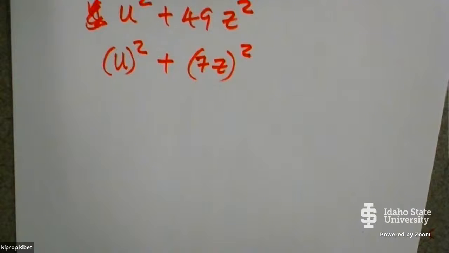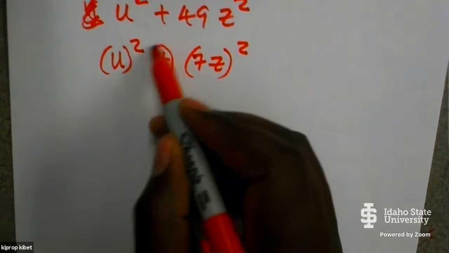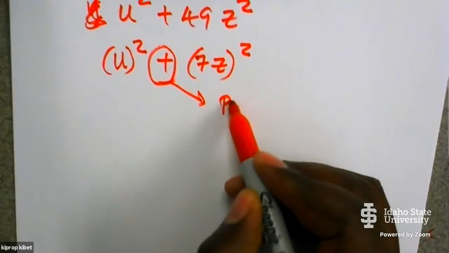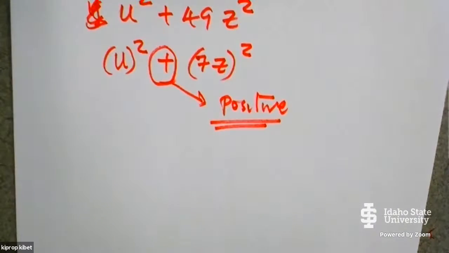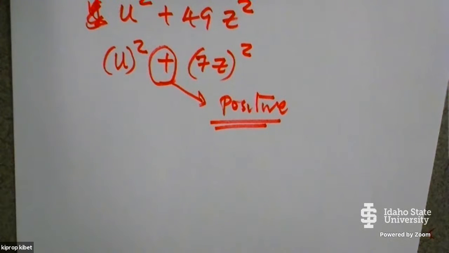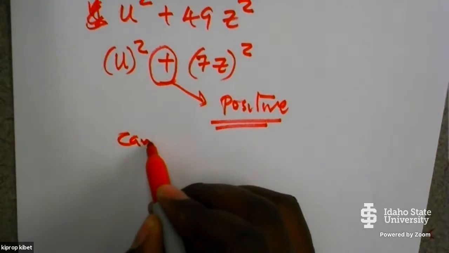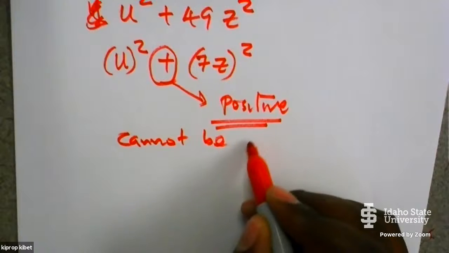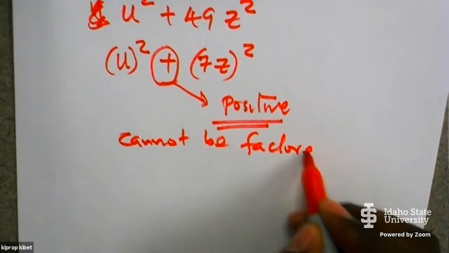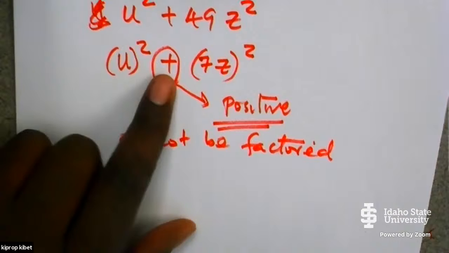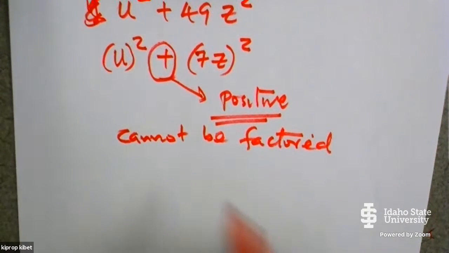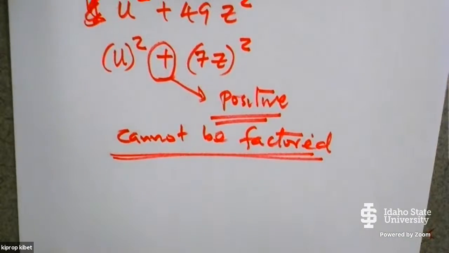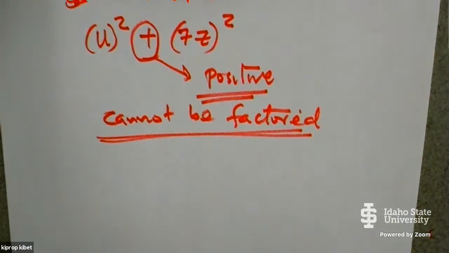Now, because this is positive here, we cannot factor it.